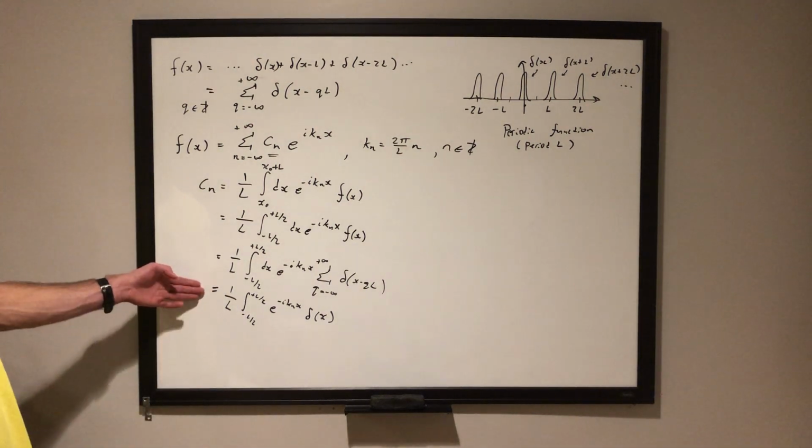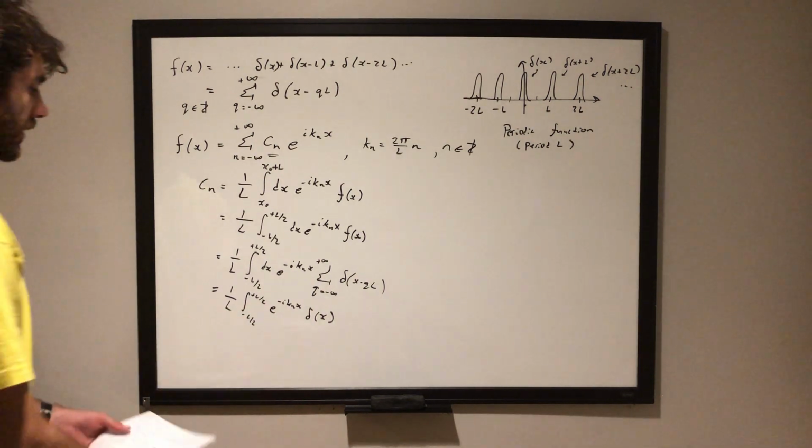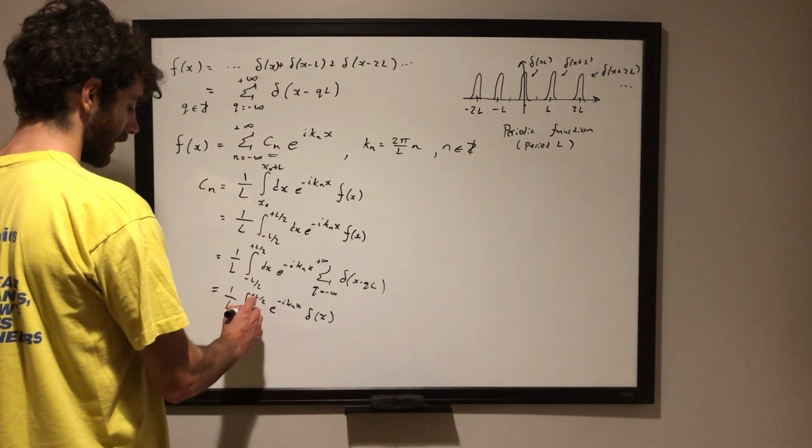And we know how to evaluate this now. The delta function just acts to pluck out a single value of the inner function f of x here.